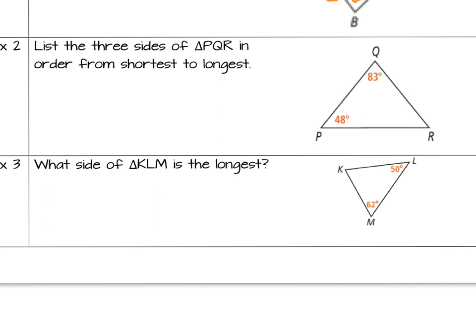Our next example, list the three sides of PQR in order from shortest to longest. Well, what we need are all the angle measures first. We have two of them, which is great. Angle P is 48 degrees and angle Q is 83 degrees.